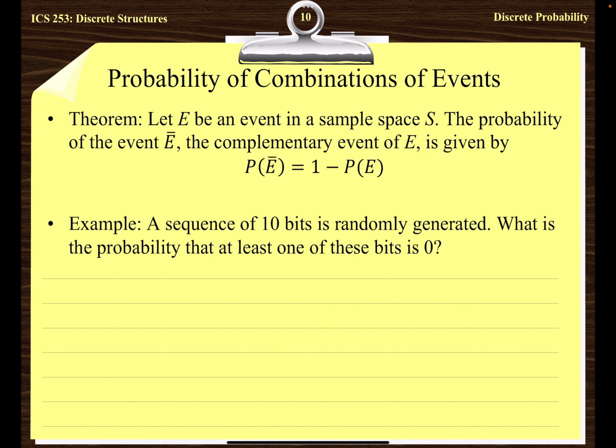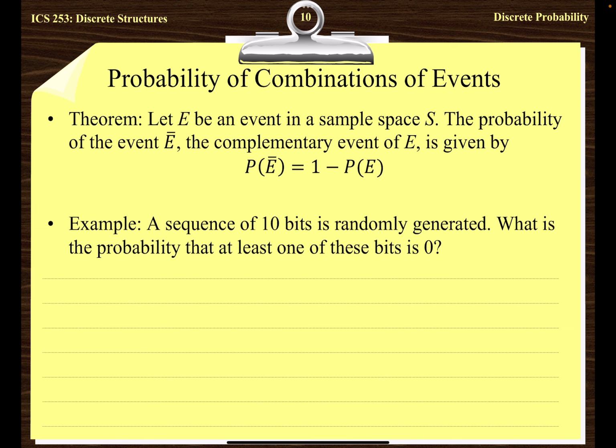This seems to be a new topic, but if you look closely, we have seen it before. Probability of combinations of events. Now the theorem here says, let E be an event in a sample space S. The probability of the event E complement, which is the complementary event of E, is given by 1 minus the probability of E. Now, why do we care about the complement, and what is this going to help us?